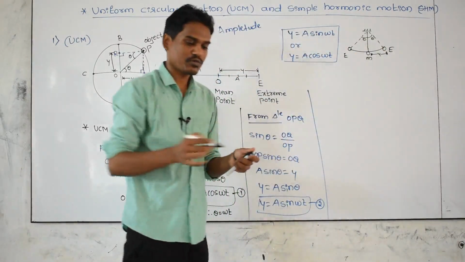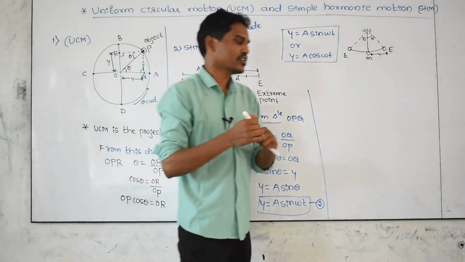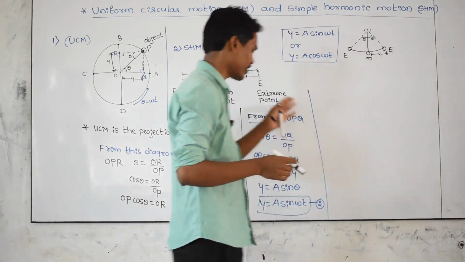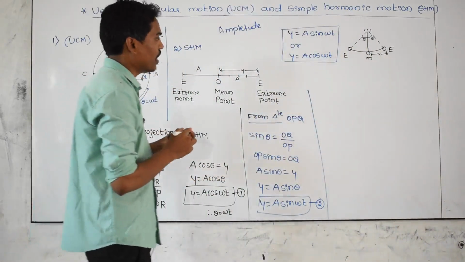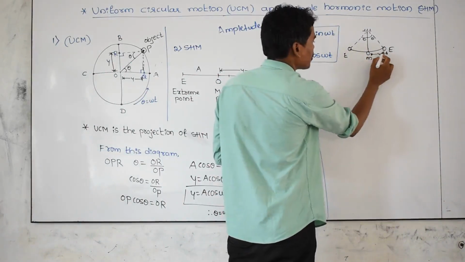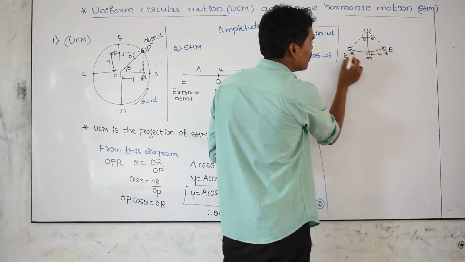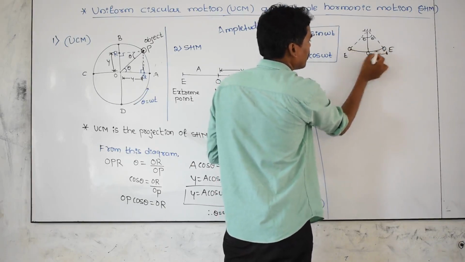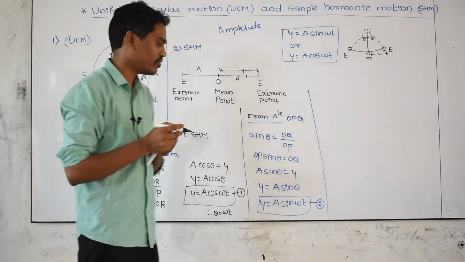Let us take that the object is moving in a simple pendulum, that is, the oscillation of a simple pendulum. This is one cycle, this is two cycles, three cycles, four cycles, the fifth, and so on. It goes on continuously.